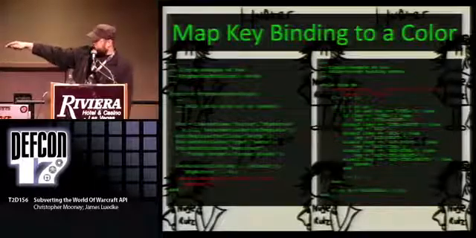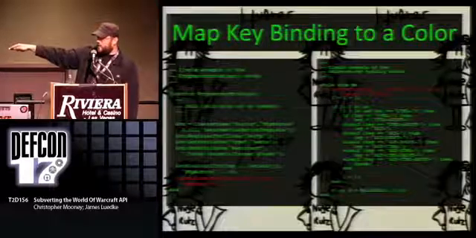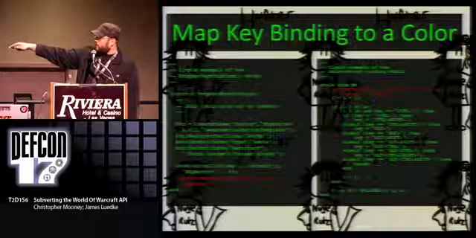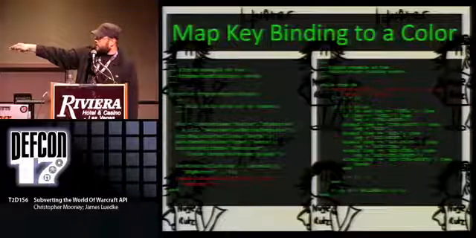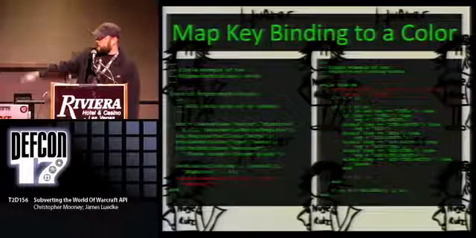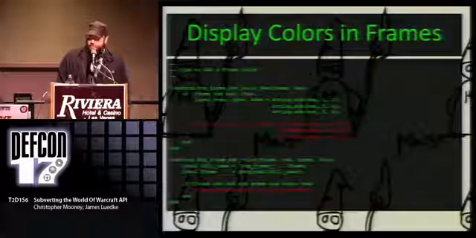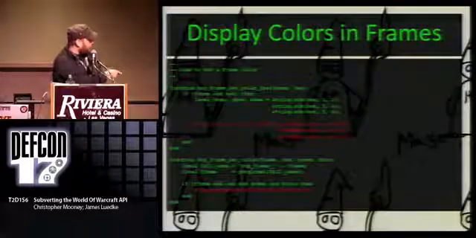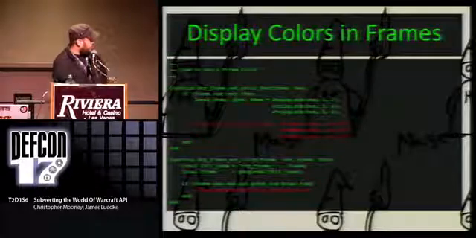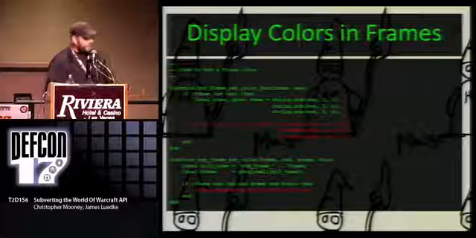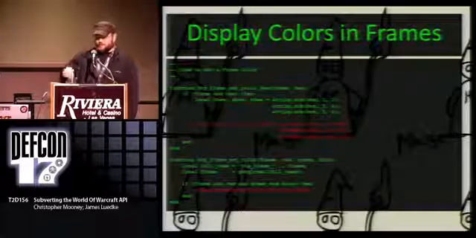Yeah, so this is going to take keys and bind them to RGB values. This is a bunch of rolling through different keys, and we're going to bind it to a bunch of those RGB values. So then we display the colors in some frames. Again, the red text over here basically goes through and allows us to call a function and set that particular one.